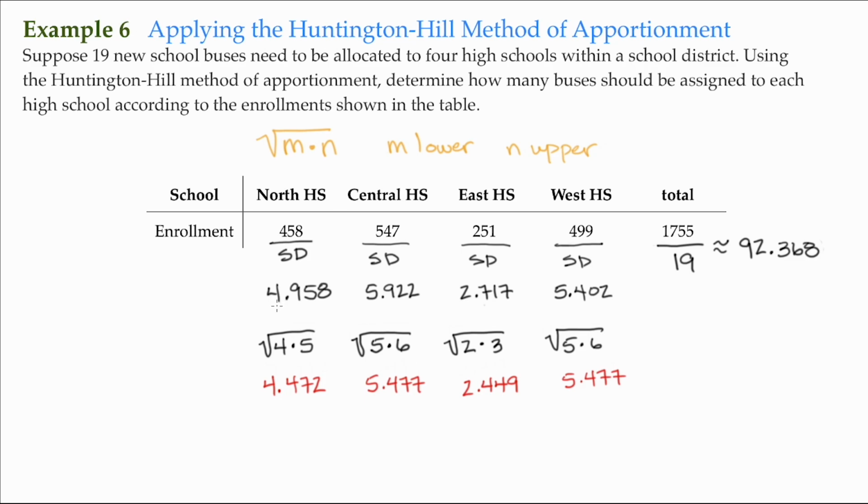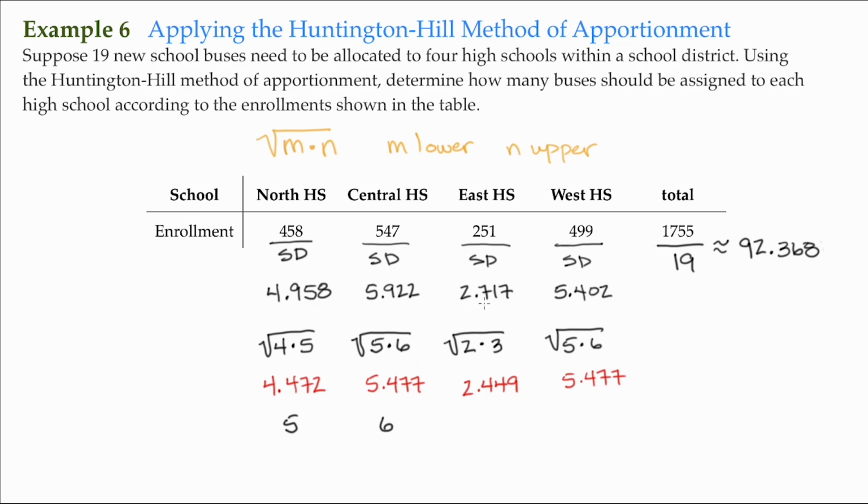So obviously here 4.958 is greater than 4.472, so we round the standard quota up to 5. The standard quota here, 5.922, is greater than its geometric mean of 5.477, so we round the standard quota up to 6.